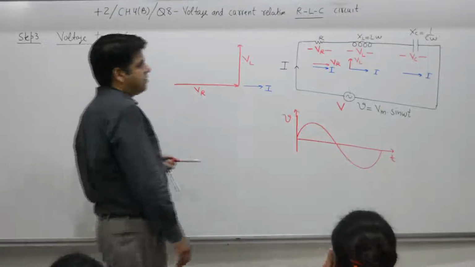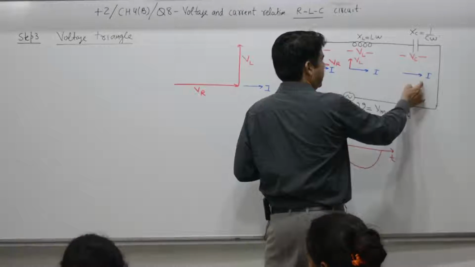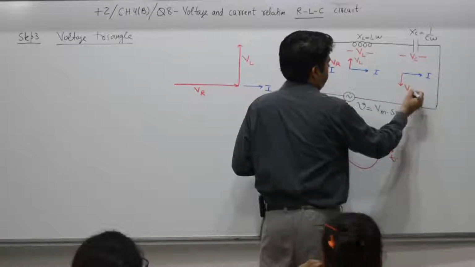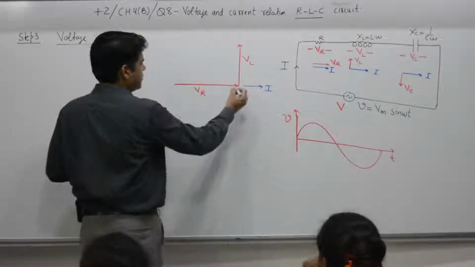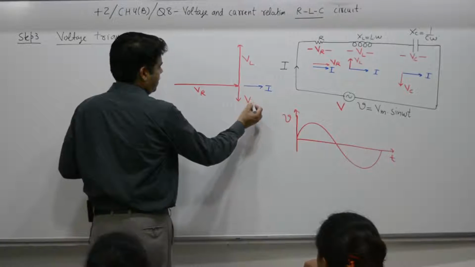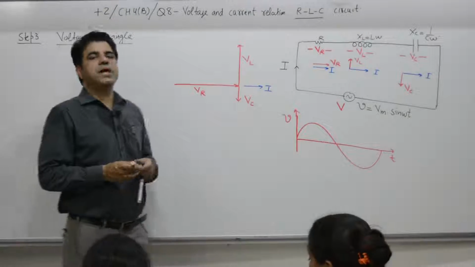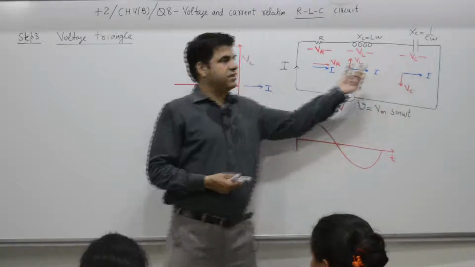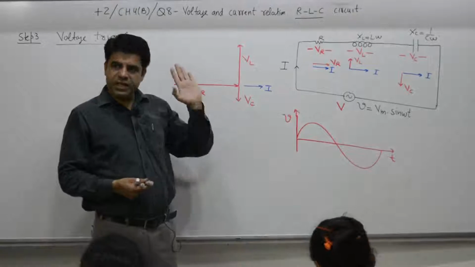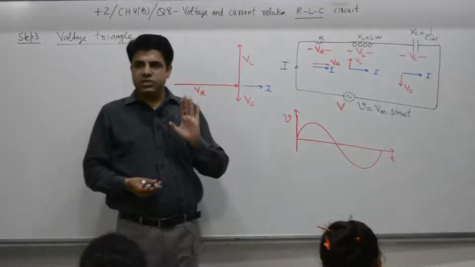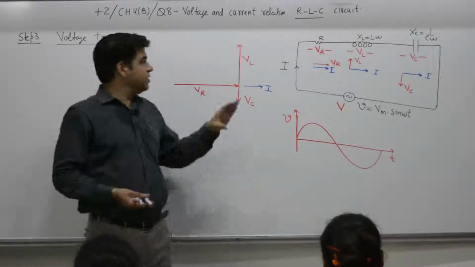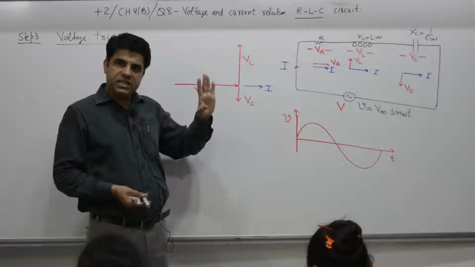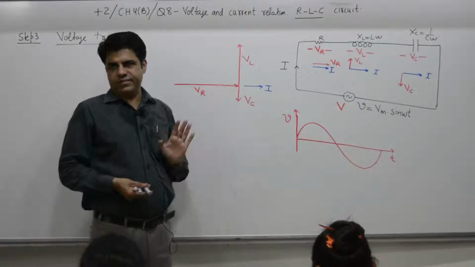Yes, for a capacitor, current leads the voltage by 90 degrees, so VC to be marked here. For convenience, I am taking up a case where inductive voltage is more than capacitive, VL is more than VC. In boards or in competition, you may come across a problem where the two are equal or maybe VC greater than VL. We are taking up a case where inductive effect is more than capacitive effect.